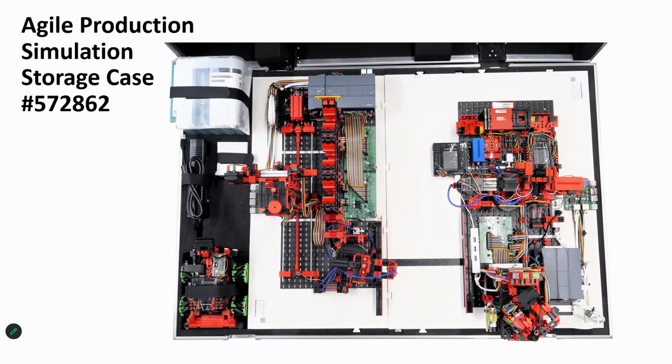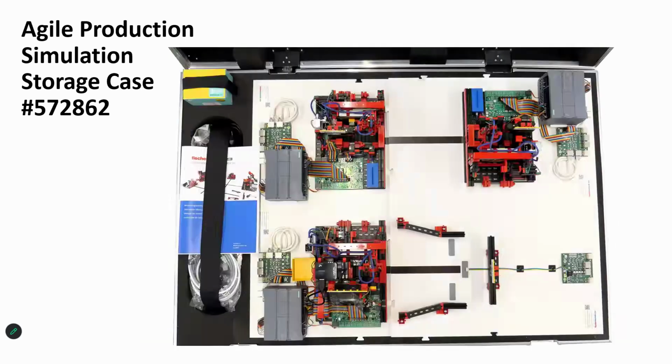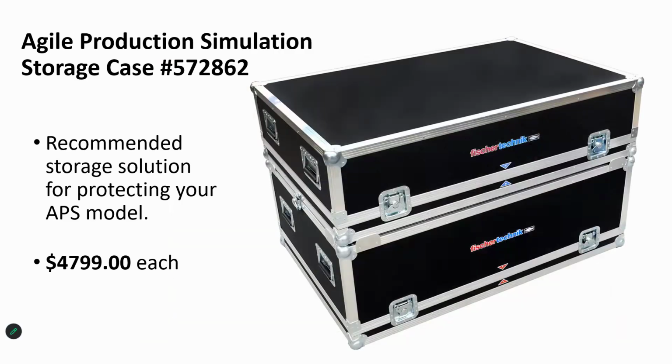The dimensions of the case are approximately 48 by 32 by 29 inches, and it has a weight of approximately 75 pounds unloaded. And so essentially, when the APS model is loaded into the case, the total weight of case and model are about 190 pounds altogether.